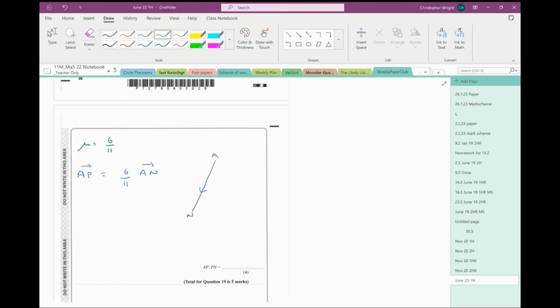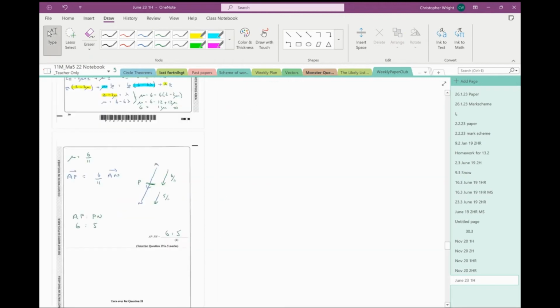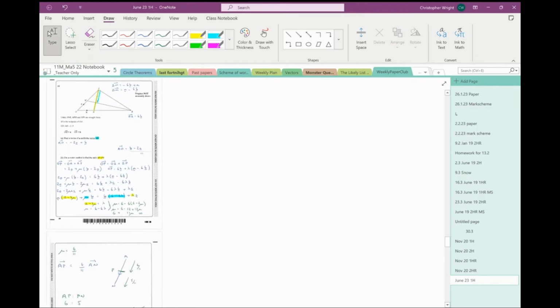And AP is 6/11 of that, which must mean that this part is 5/11 of it, which means that the ratio AP to PN is 6 to 5. AP to PN is 6 to 5. And there is my solution to question 19.